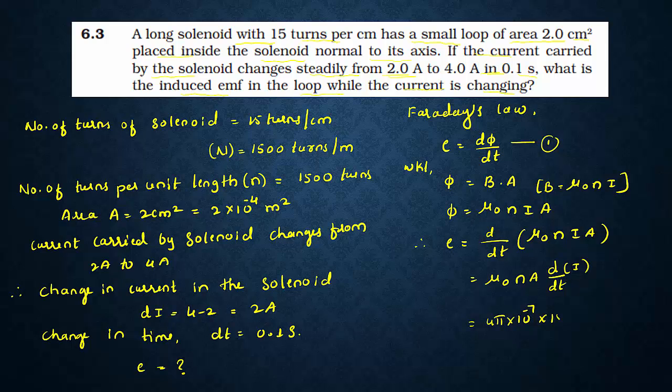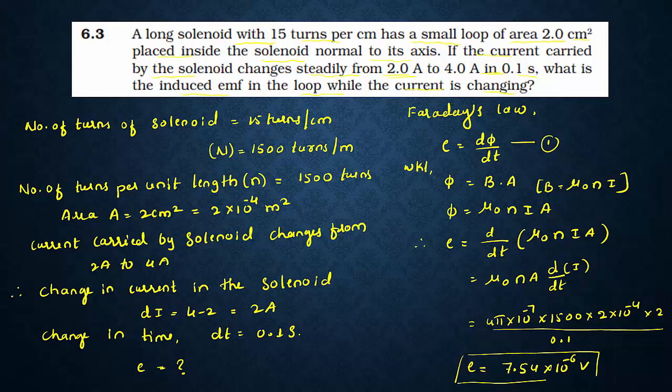Number of turns per unit length is 1500. Area is 2 into 10 raised to minus 4, into dI by dt, that is 2 ampere divided by time 0.1 second. After calculating, we will get the final answer 7.54 into 10 raised to minus 6 volt. This is the induced EMF in the given solenoid when the current changes.